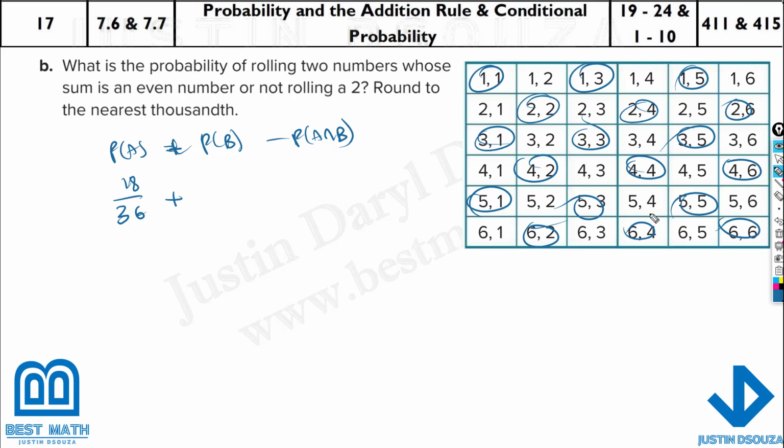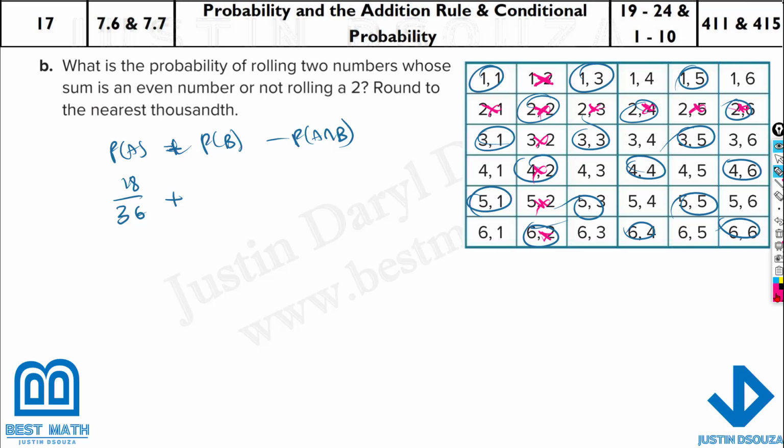Not rolling 2. Let me just change the color here. Not rolling 2 means I shouldn't have this. So let me just cut that off. Not rolling 2, this is not included. And this one as well. Why I'm cutting these off is because if there is a 2 over there, it should not be there.